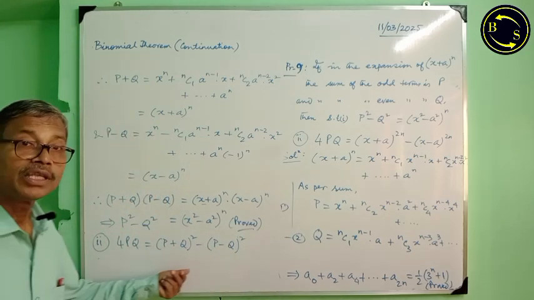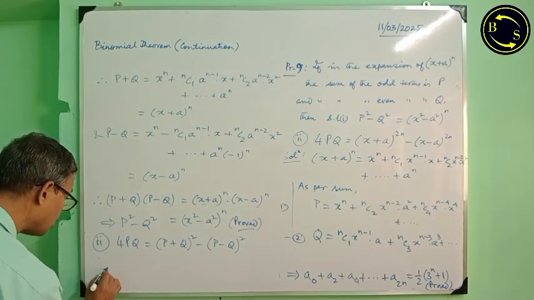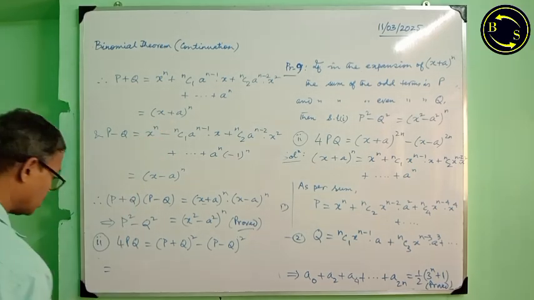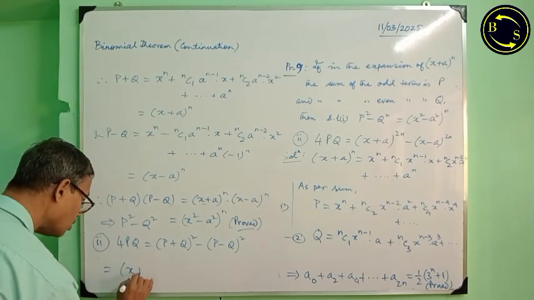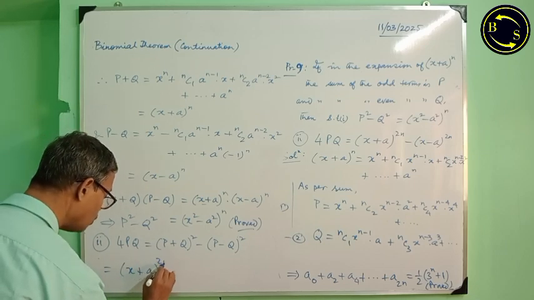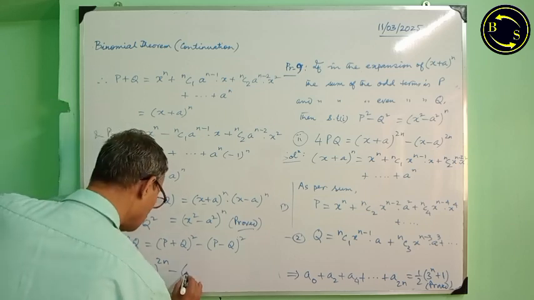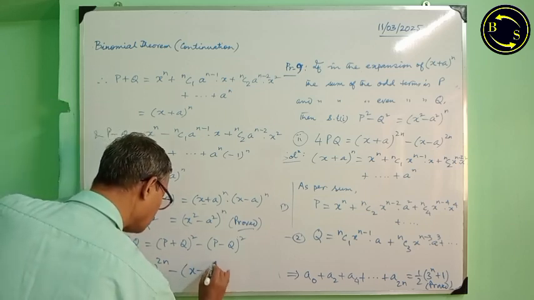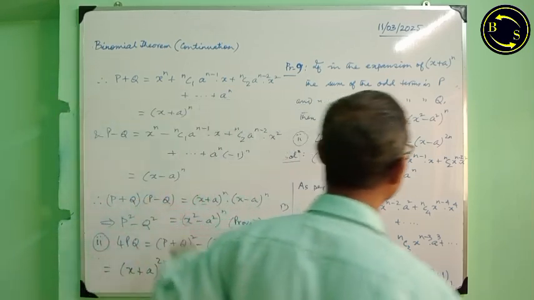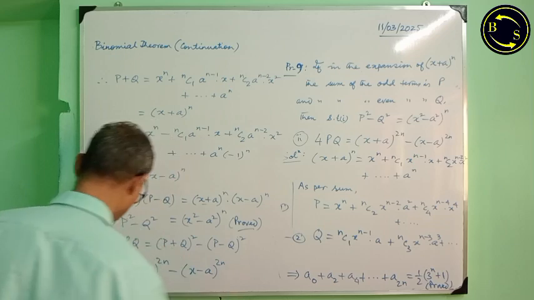You have learned that in earlier classes, 7th, 8th standard. Now we put the values. P plus q, already we have got that, (x plus a) whole to the power 2n minus (p minus q), (x minus a) whole to the power 2n, and got this result. Therefore proved.